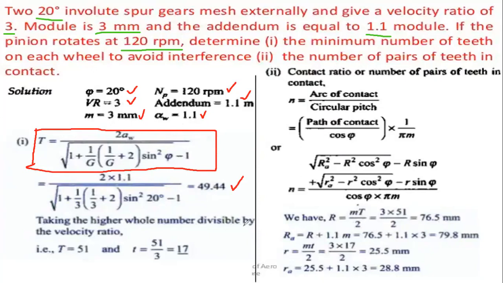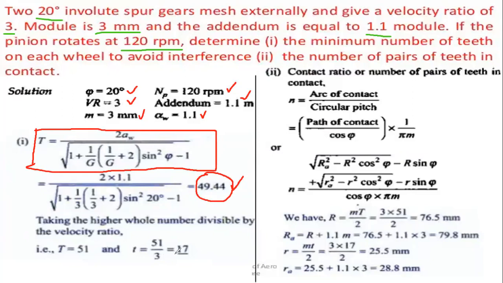Now we are going to take the higher whole number divisible by the velocity ratio. The value obtained is 49.44, so you have to take the whole number divisible by 3.